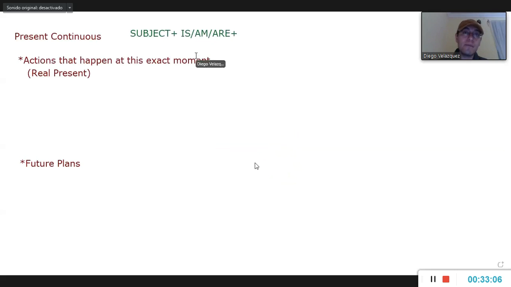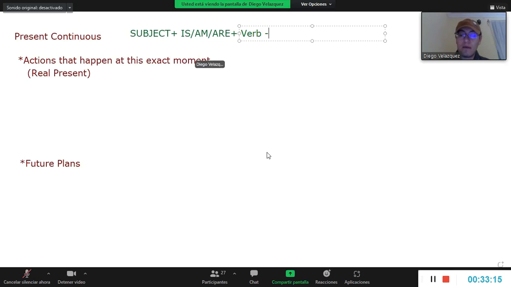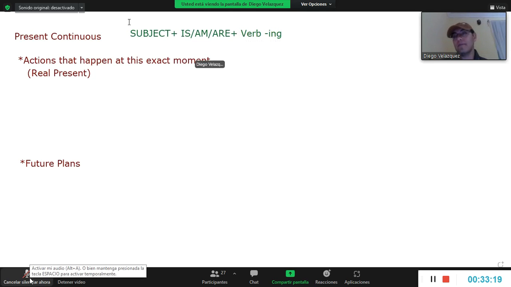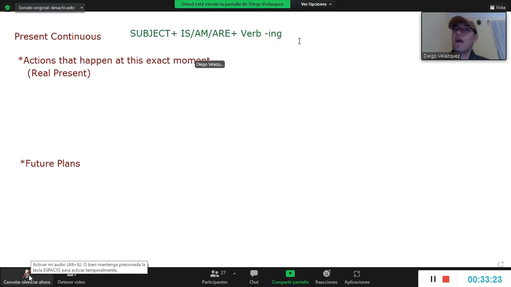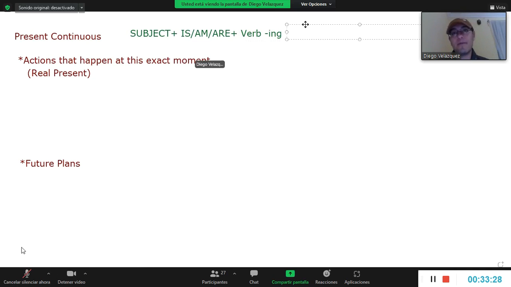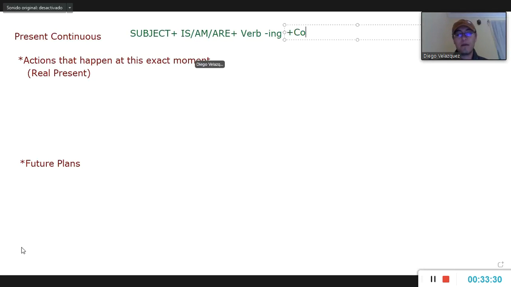And this verb to be is at the same time in combination with another verb, but this other verb needs to be in ing form, okay, my friends? And after the verb to be and the verb in ing, the rest of the sentence or the complement in case that it's necessary.